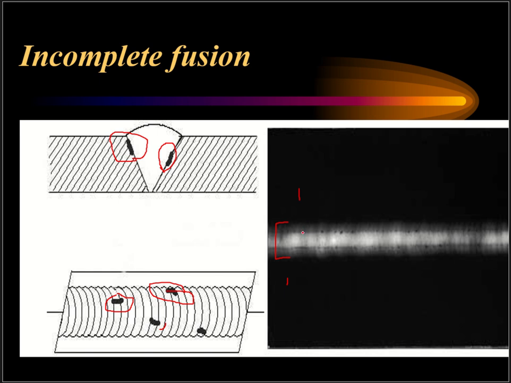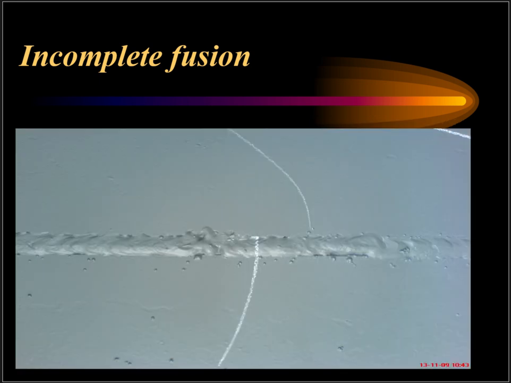It is sidewall fusion, somewhat far from the center and adjacent to the weld closure area. So this is incomplete fusion. You can see this area, incomplete fusion, and more. This is the spatter defect, undercut defect. A lot of defects you can see in this weld area.